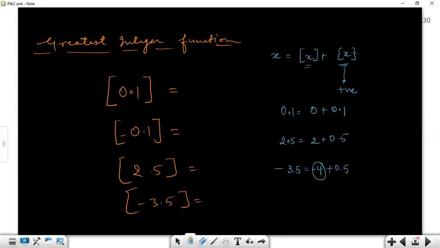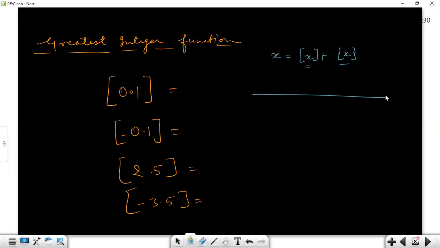And there is one more way to find it. If there is any number on the number line, let's say this is the number line, plus infinity, 0, 0.1, 2.5, and there is 2, there is 1 here, there's minus 1 here, minus 2 here, and minus 3 here.